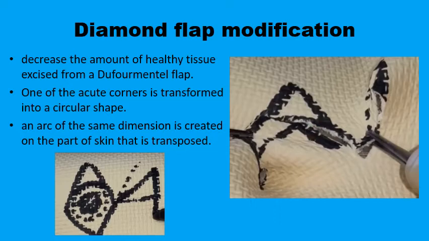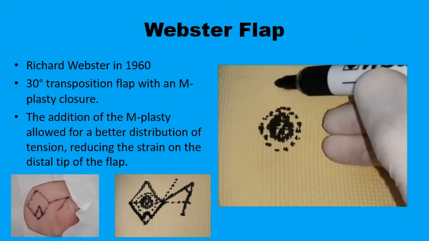The Webster Flap introduced two modifications to the original description of the rhomboid flaps. The first is to have an M plasty at one of the acute angles of the rhomboid, and this would entail preserving a piece of healthy tissue that would have otherwise been lost.